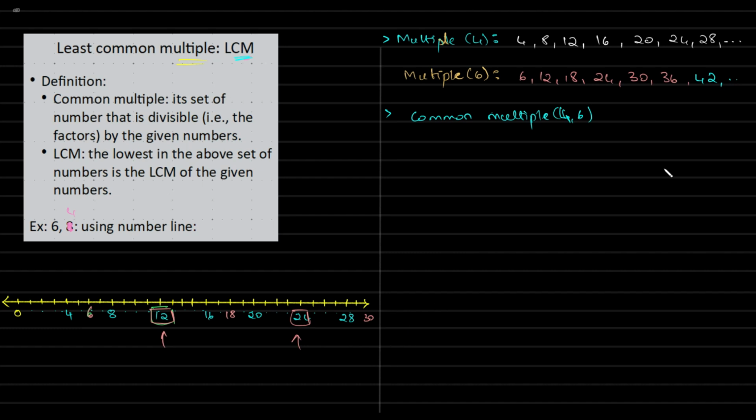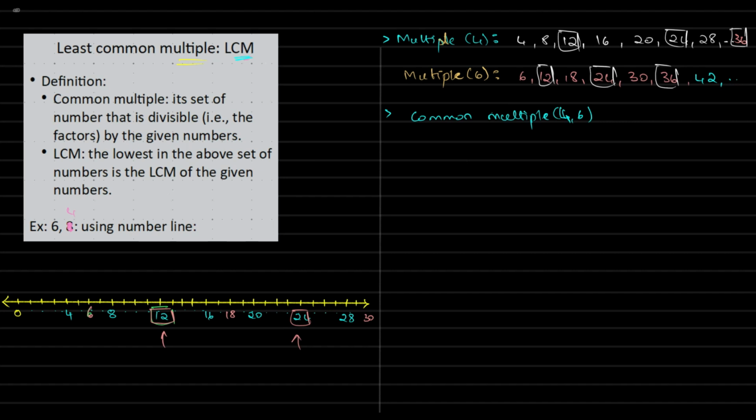I don't have 36 over here, but in 4 and 6 we have 36 as one more common multiple. So let's mark those here as well: 12, then 24, then 36.